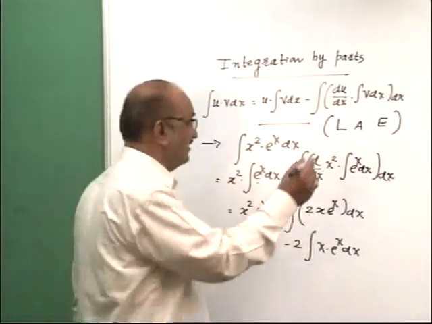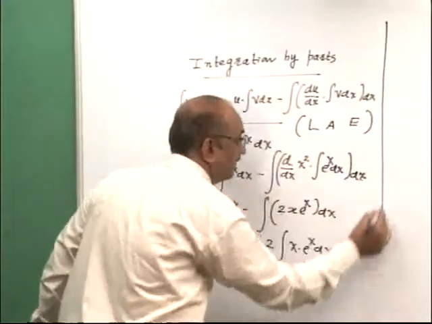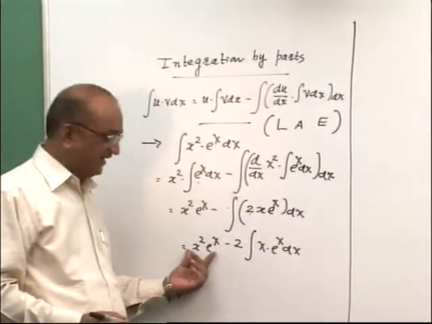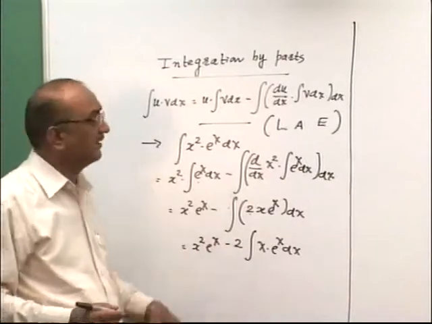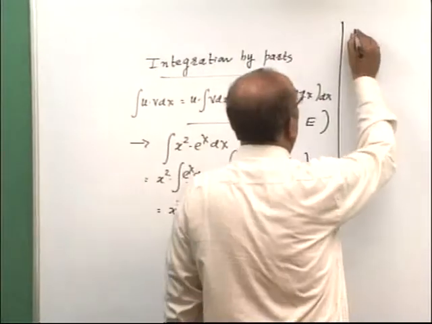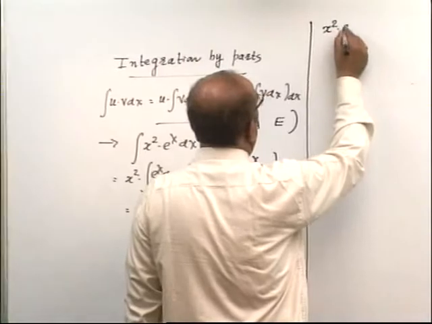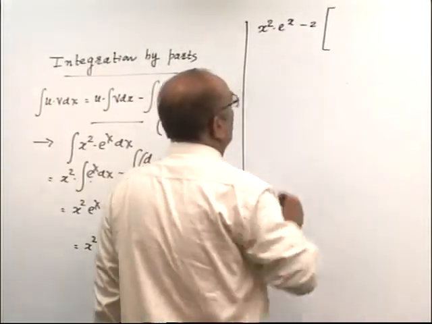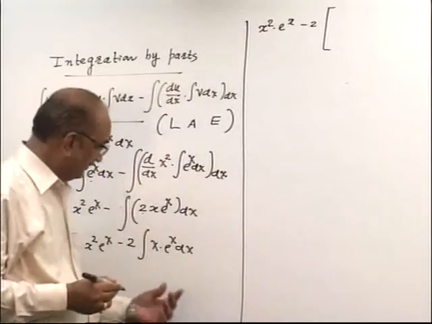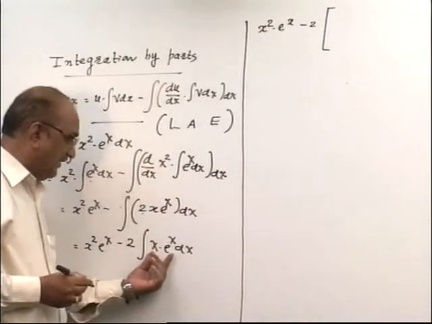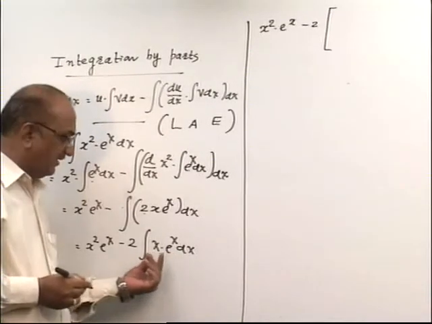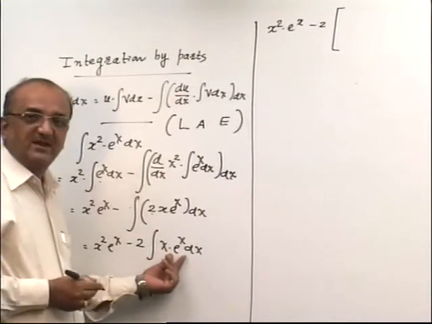Now the next step is, the first term is x square into e raised to x as it is, no change, minus 2 as it is. The next part is, I have to integrate x into e raised to x by integration by parts. Again I repeat, x is u and v is e raised to x.